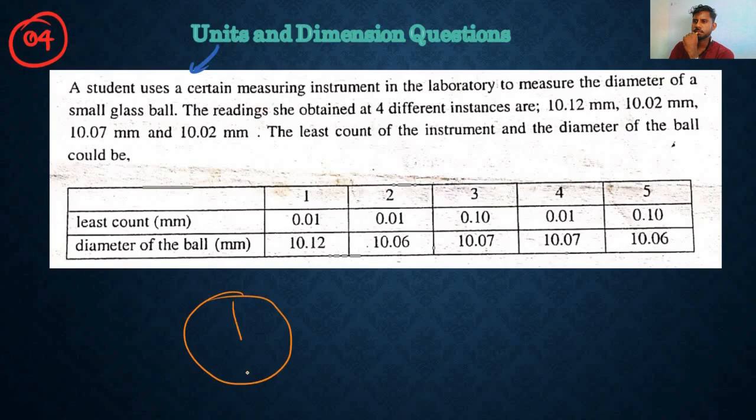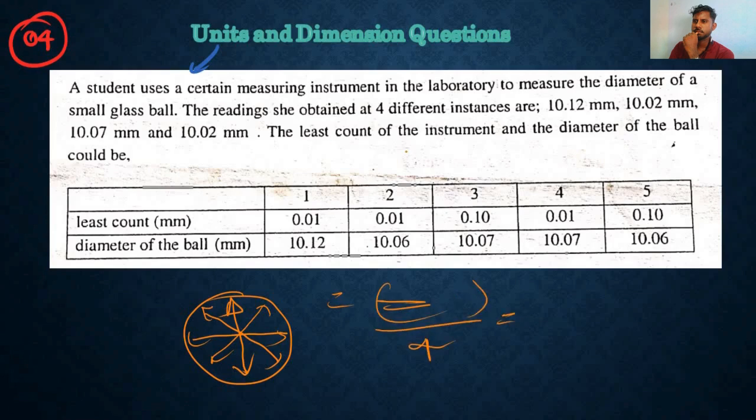They take diameters from various points, so a reading is obtained for different instances. We have to collect all the values and get the mean value. So we have to add them and divide by 4. We are asked the least count of the instrument and the diameter of the bowl.